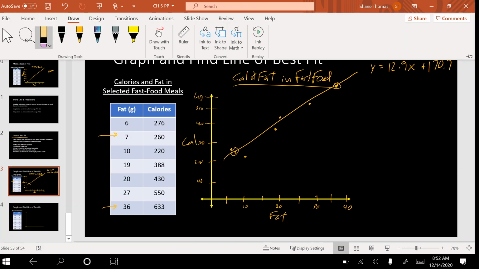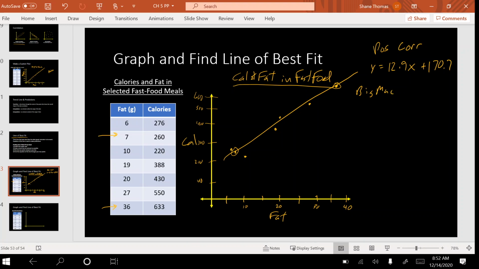Now I want to make the predictions. So a Big Mac has 22 grams of fat. How many calories do we predict that it's going to have? How do we figure it out? You're putting 22 in for x. So I use the line I just found.